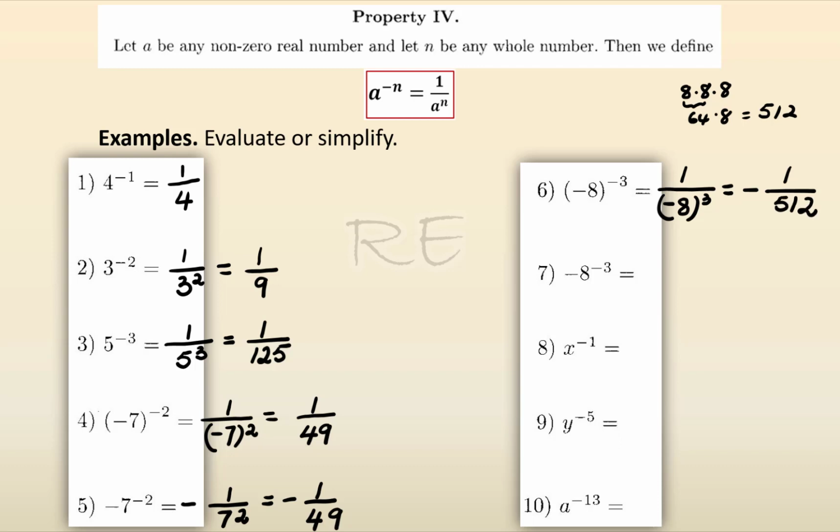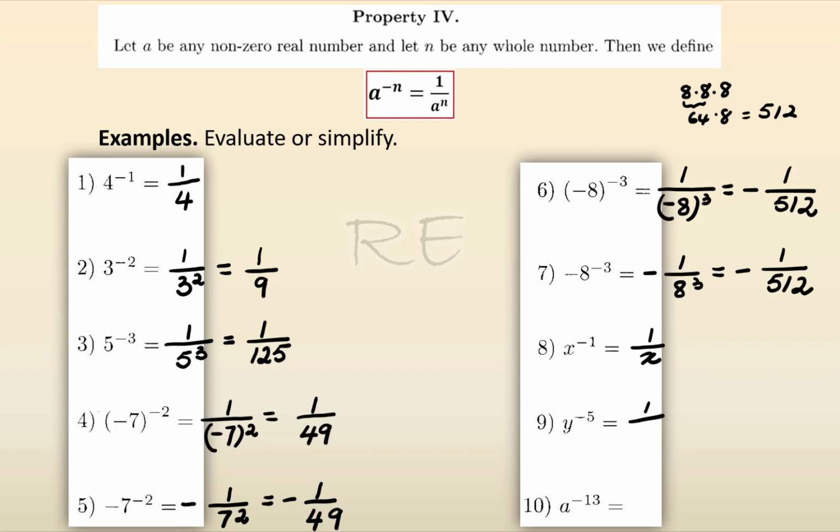So it's negative 1 over 512. -8 to the negative 3, it's 1 over 8 to the third, and then we tack on the negative sign. So it's negative 1 over 512. We get the same answer.